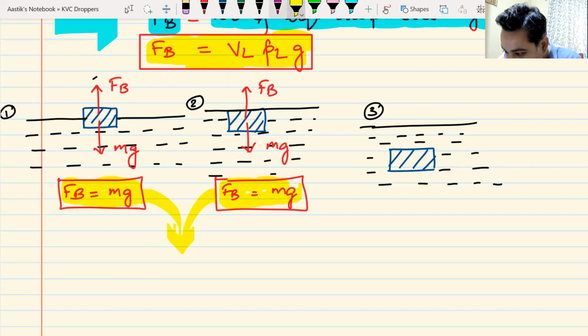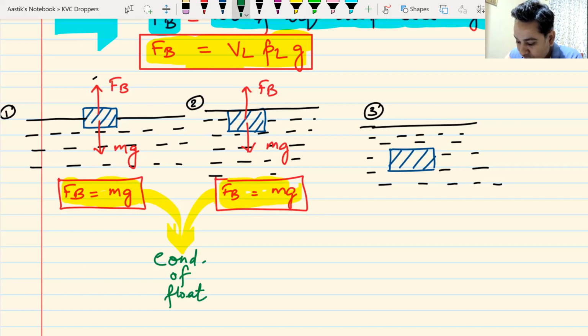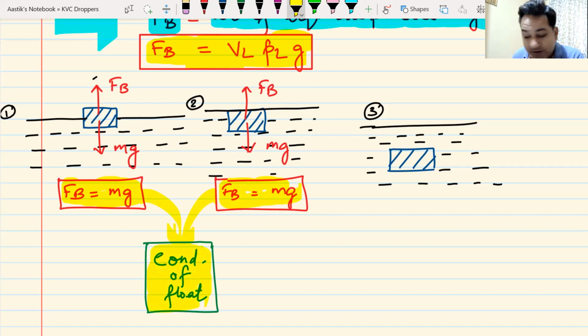Nobody in this universe can change this condition. So whatever answer you gave me is valid for both cases. In both cases, buoyant force has to be equal to weight, else it does not float.